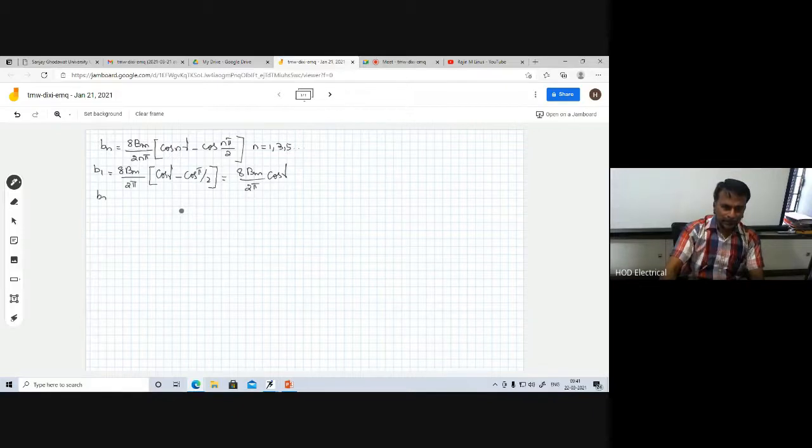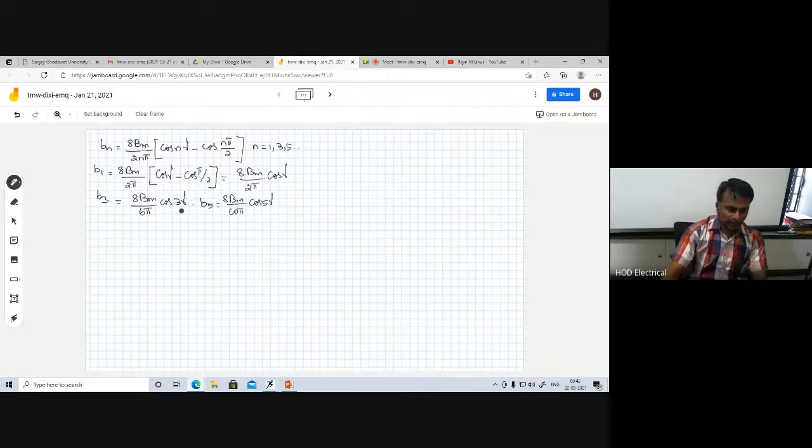Similarly, B3 is nothing but 8 Bm by 6 pi into cos 3 gamma. If we substitute n equal to 3, we get this equation. Similarly, B5 is 8 Bm by 10 pi into cos 5 gamma.